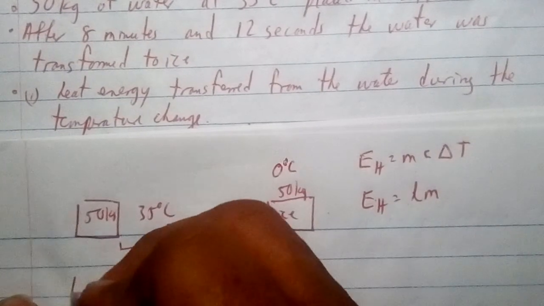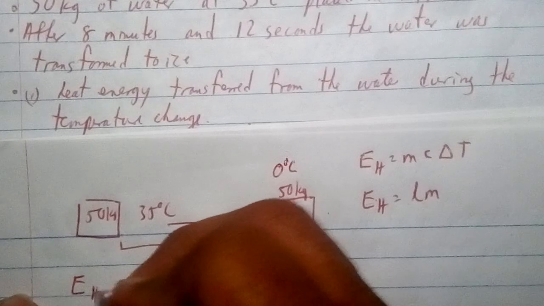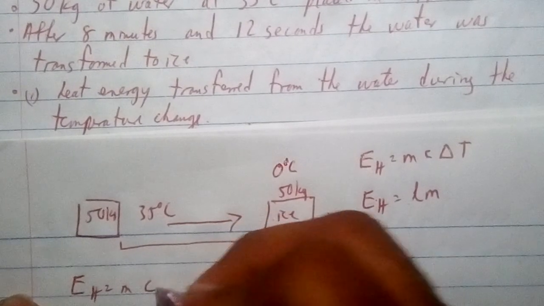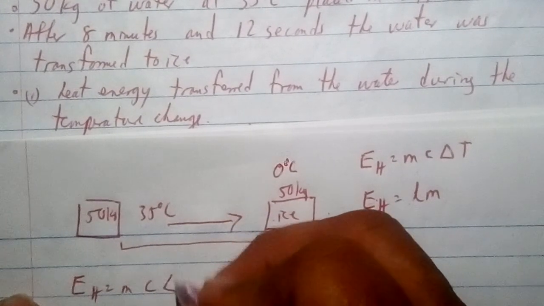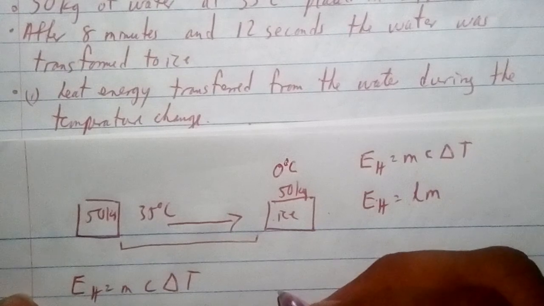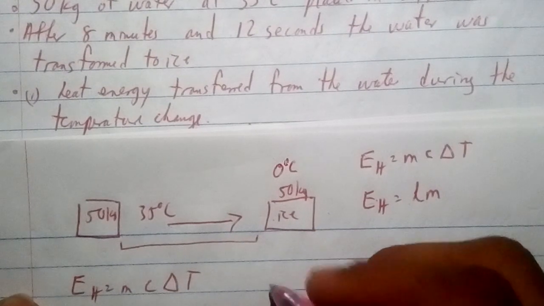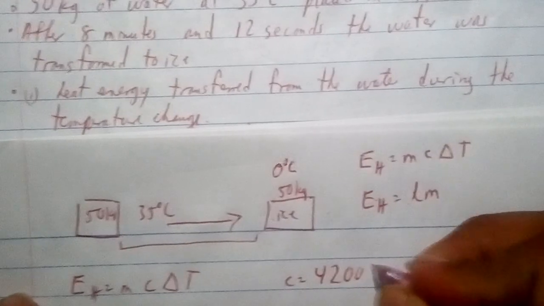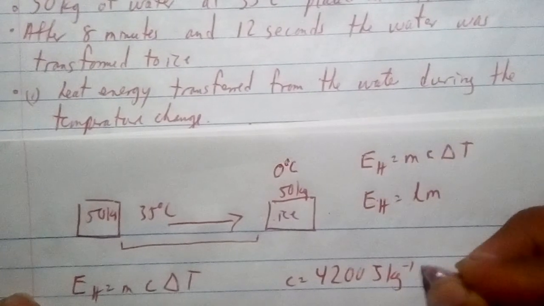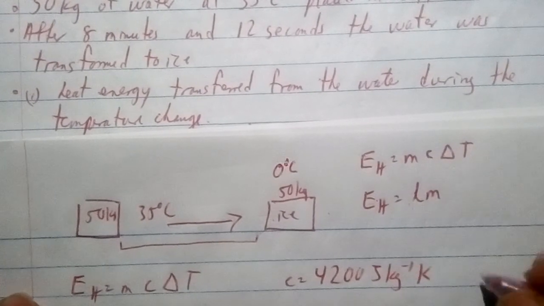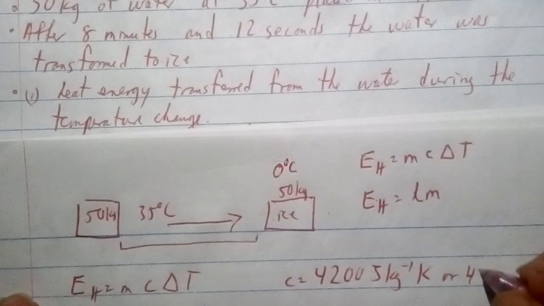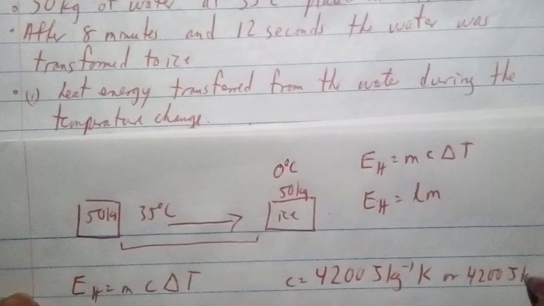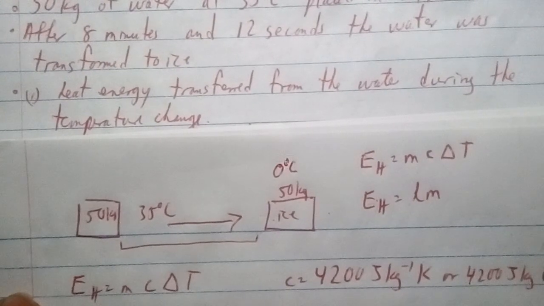So we put energy is equal to mass times specific heat capacity of water times the change in temperature. The specific heat capacity of water is equal to 4200 joules per kilogram per Kelvin or per Celsius. We can say 4200 joules per kilogram Celsius is the same thing.